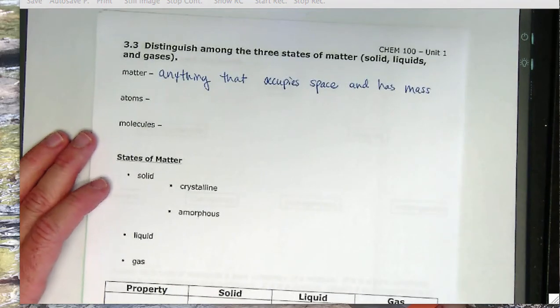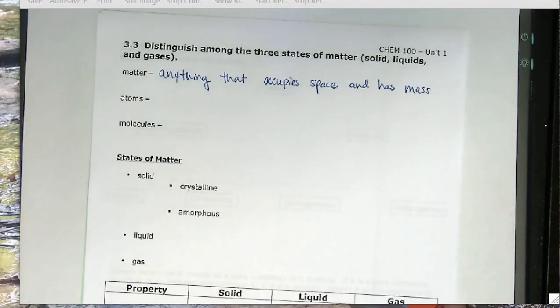Mass, like weight, right? Yes, like grams. When you go into a chemistry lab, you'll see balances. That's what you measure mass with.